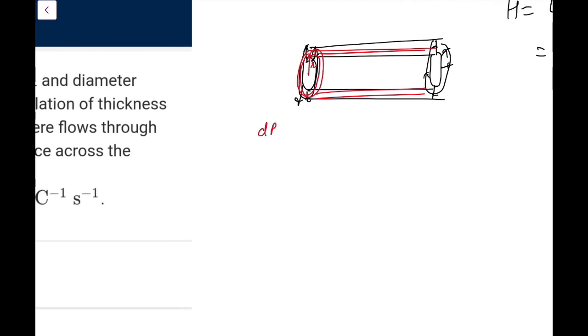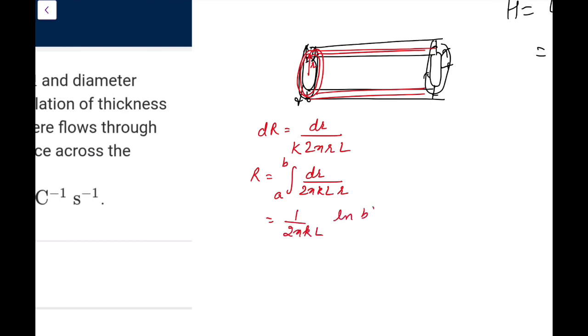The resistance would be dr upon KA, where K is given, and the area is the curved surface area, 2 pi RL. So the overall resistance would be dr over 2 pi K L R, and going from A to B, or R1 to R2, the integral of dr by R is ln R. So 1 upon 2 pi K L, and it would be ln of B by A. So this is the resistance.